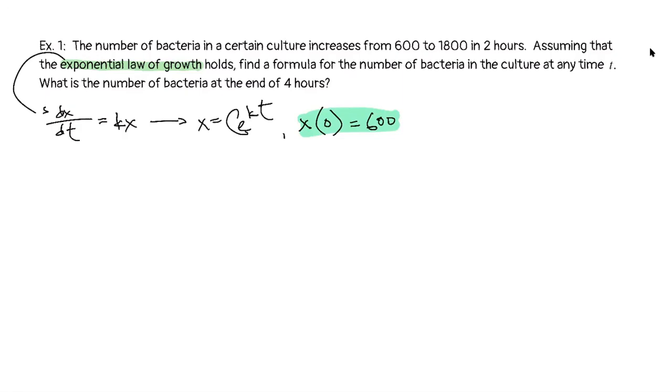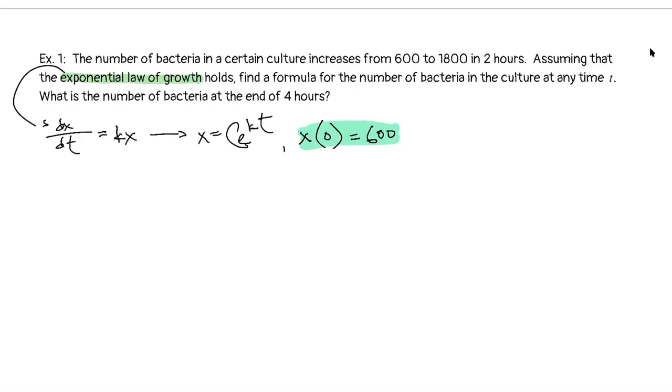So here's what we're going to do. We are going to go ahead and find our growth constant. So in general with these problems, a good first step is to find k. And we're going to find k using a lot of the information in the problem. So I know that 1800 is the amount that we have at the end of 2 hours. So that's sort of my x of 2. My starting value is 600.